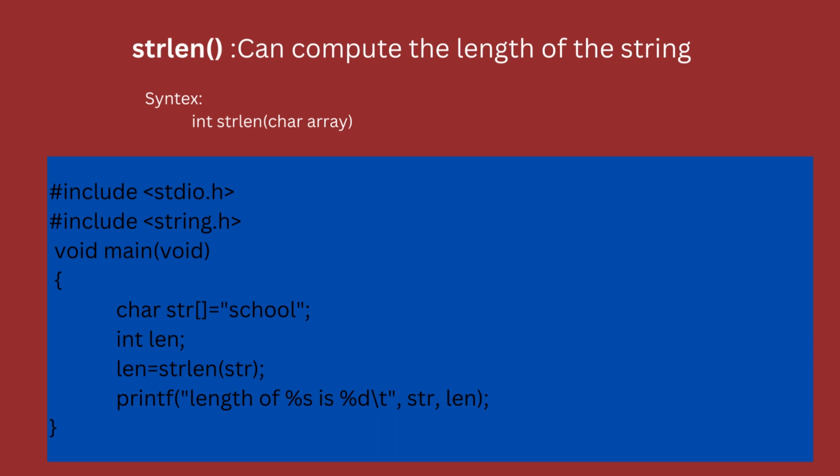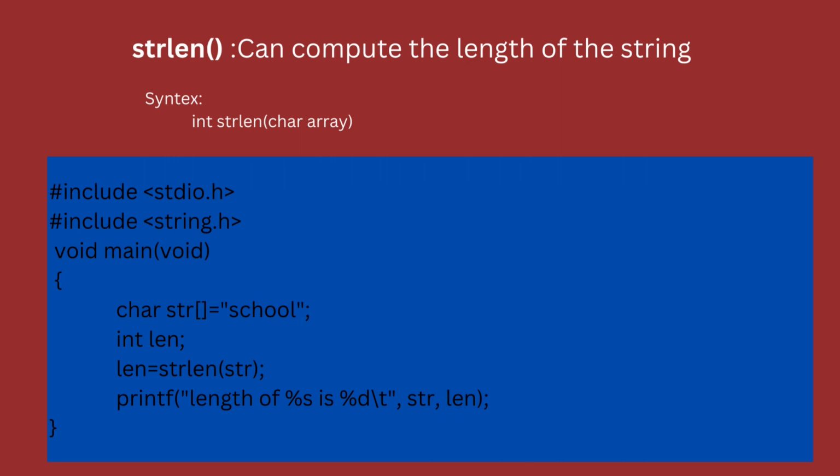It's used to find out the length of the string. If we want to find out the length of whatever string is entered by the user, because there is a limit of 10 characters, we have to find out whether it is in the range or not.